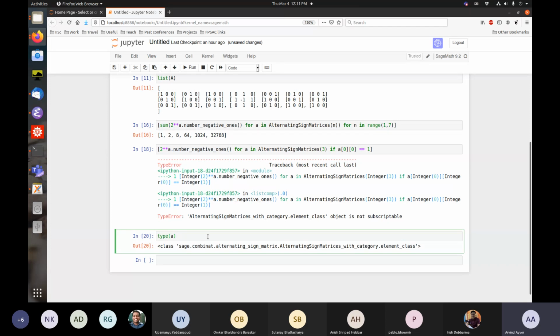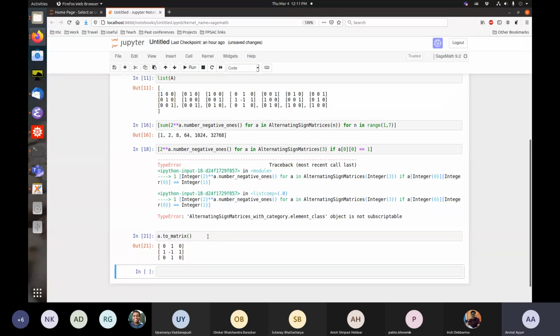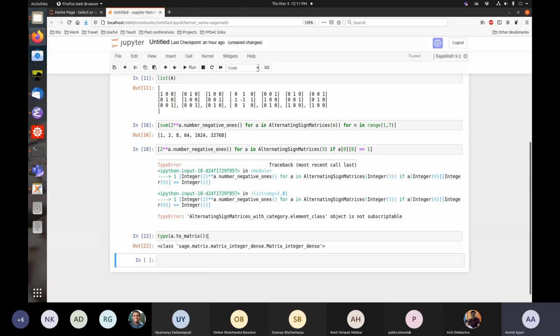But what you can do is something called coercion, and this is there in the documentation. You can convert it to a matrix. As far as you see, there is no difference, but now this is a matrix, and if I do type of that, I'll get a matrix with integer entries.